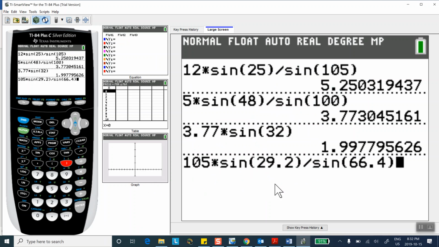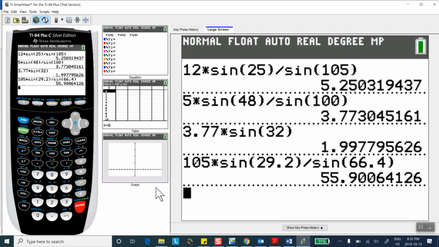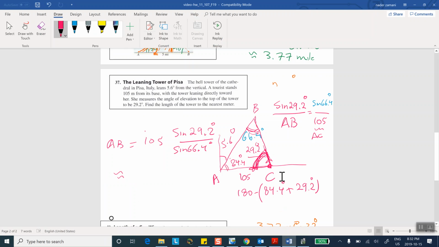Yes. Okay, and then hit enter, and you're going to get 55 meters. To the nearest meter is going to be 56 meters. So this is approximately 56 meters.